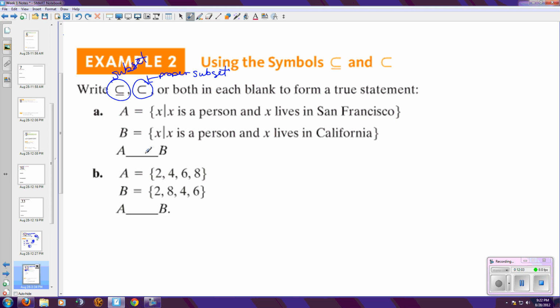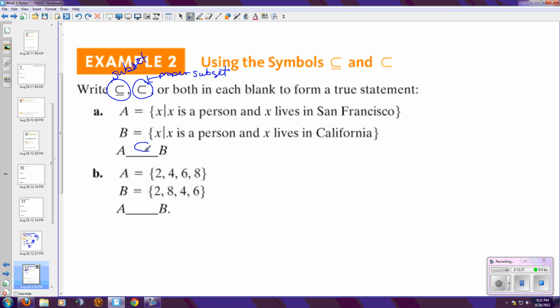This is a true statement, and technically that would be a proper subset since there's San Francisco in California. You have a whole bunch of different places you could go within California, not just San Francisco. That's one specific location as opposed to every town that is there.